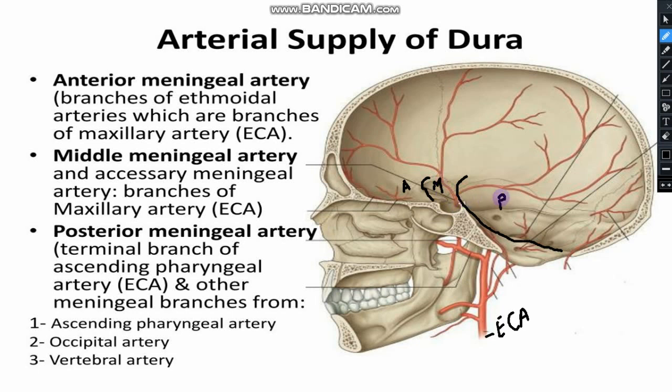And in the posterior cranial fossa, the posterior meningeal artery, which is a terminal branch of the ascending pharyngeal artery, and other meningeal branches from the ascending pharyngeal artery, occipital artery, and vertebral artery.